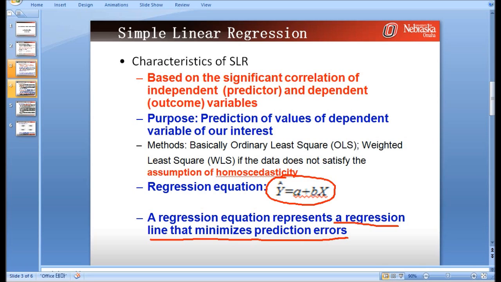This is one of the key points you need to know about a simple linear regression or any regression analysis.